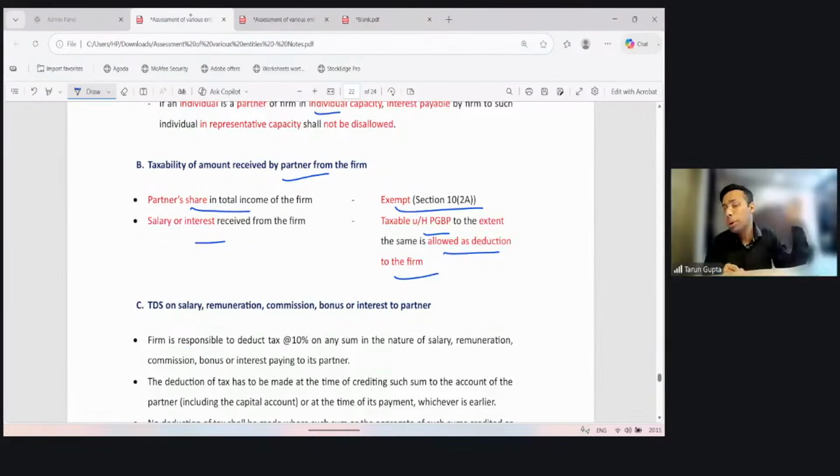You understood? There is no double taxation. Either the firm pays tax or the partner pays tax. If the amount is disallowed in the hands of the firm, such disallowed amount shall not be taxed in the hands of the partner. The partner shall be liable to pay tax on salary or interest only on the amount which has been allowed as a deduction in the hands of the firm.